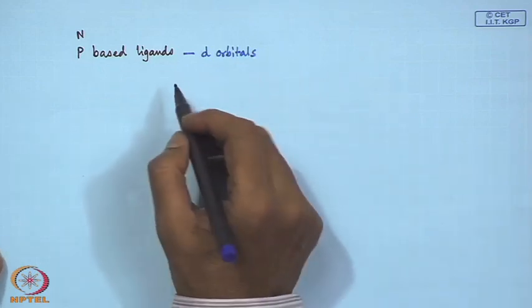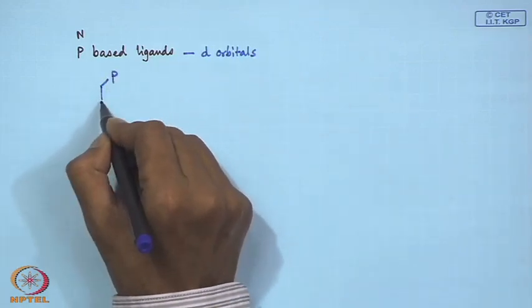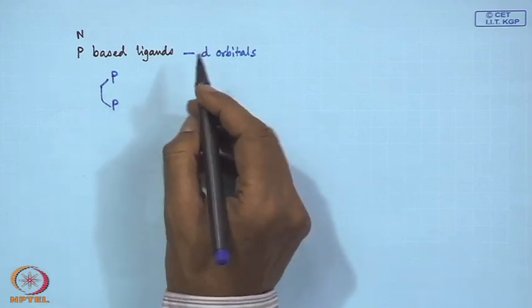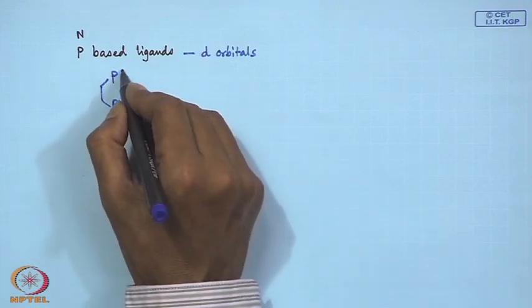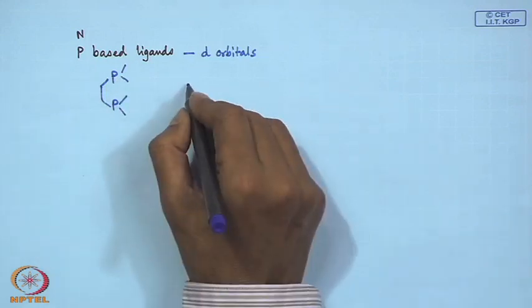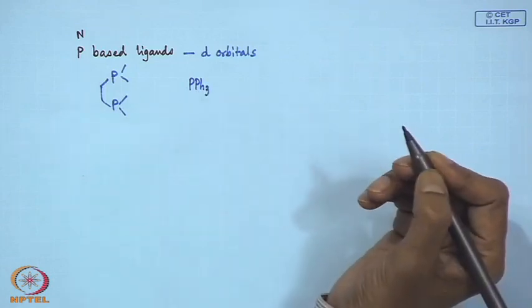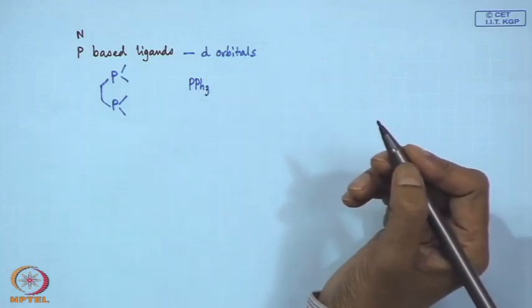We all know some ethylene diamine type of ligand where we can have phosphorus, we can have suitable substitutions, and one of the most important ligands is the triphenyl phosphine ligand.